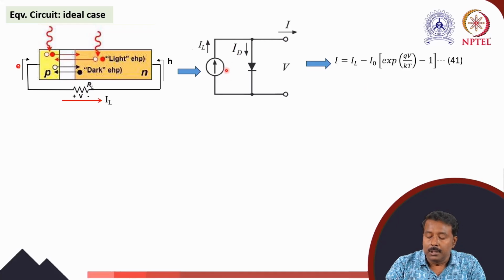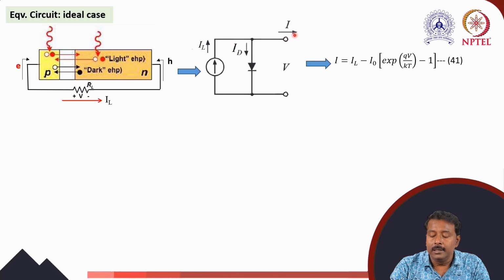Here the current source represents the photocurrent IL and ID is the dark current, and you see the ID direction and IL direction are opposite.